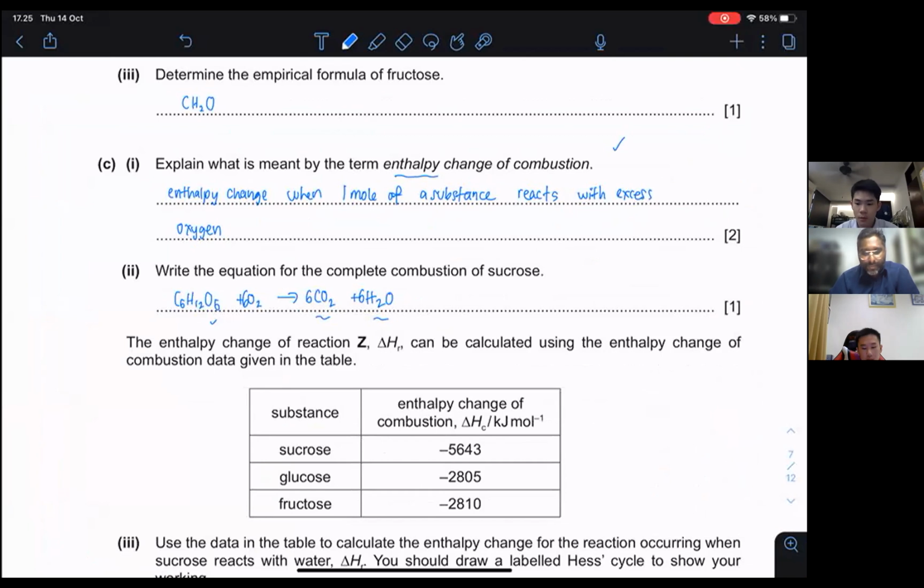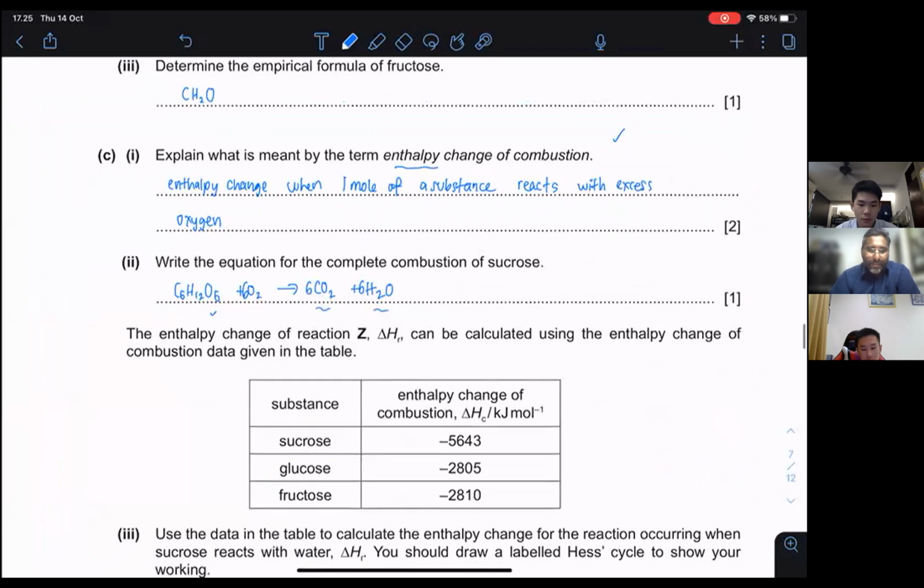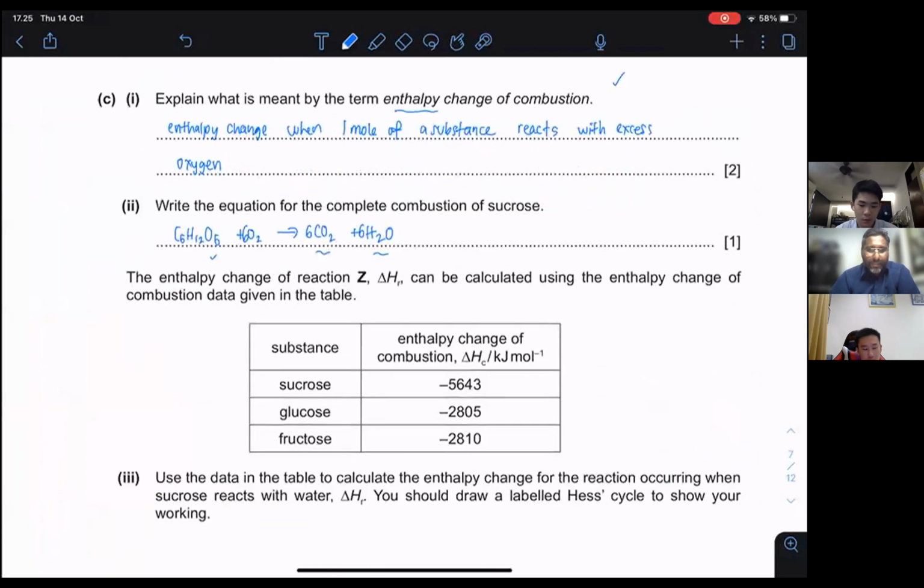So here you see the next question. They are looking for the enthalpy change of reaction, and then they give you combustion data. They give you the combustion of sucrose, combustion of glucose, combustion of fructose, and so on.